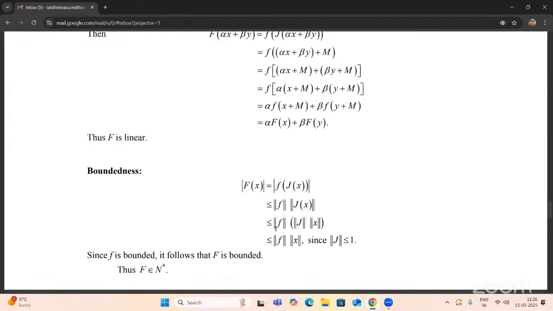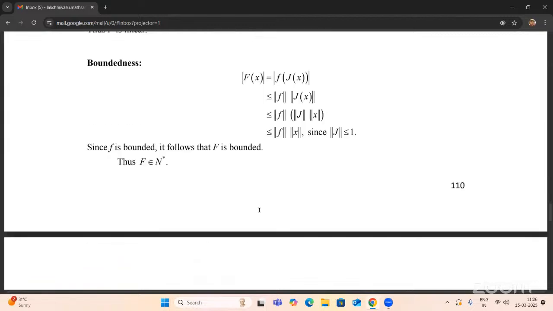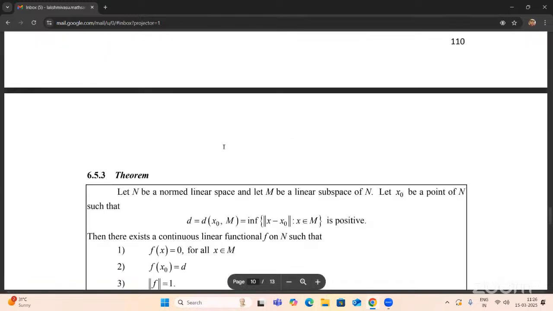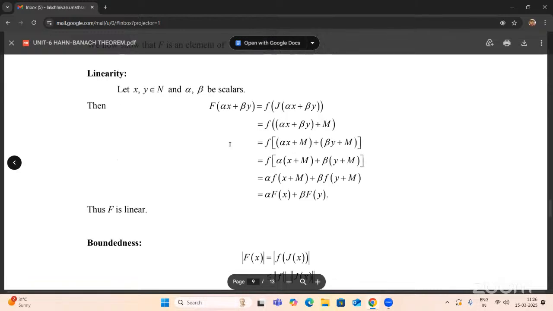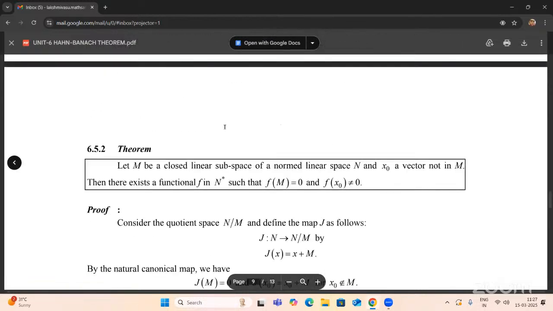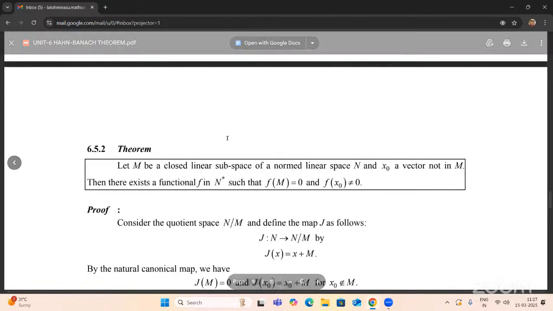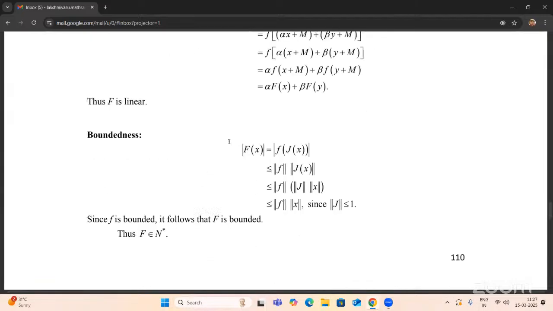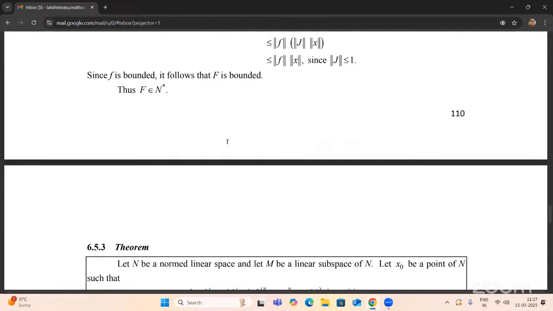So that's why this inequality is: absolute of capital F of x is less than or equal to norm f into norm x. So the given function is bounded, and automatically capital F is also bounded. So capital F belongs to N star. Simply, in an examination, prove that capital F belongs to N star.